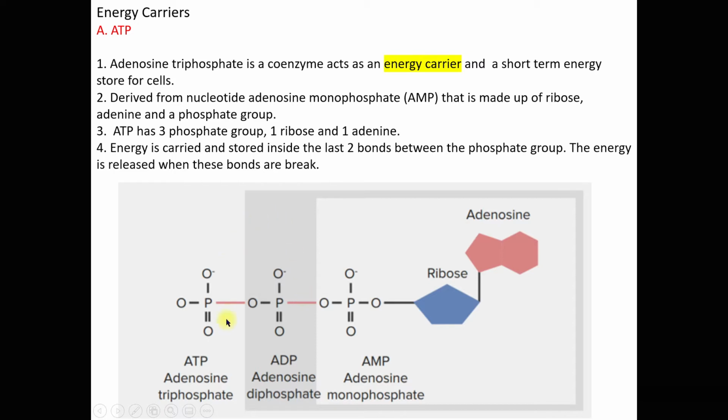So the energy inside these bonds between the phosphate groups is released when these bonds are broken. That's why the breakdown of ATP into ADP will release energy. The breakdown of ATP into AMP will release more energy because there are two bonds between phosphate groups being broken down.